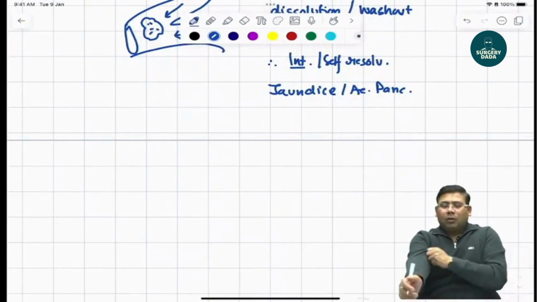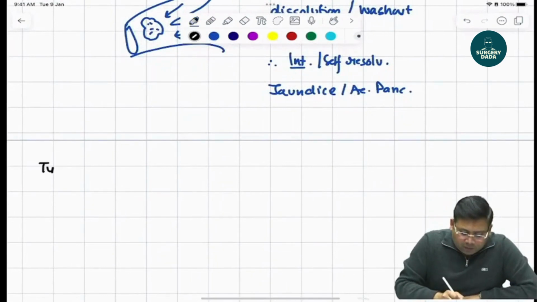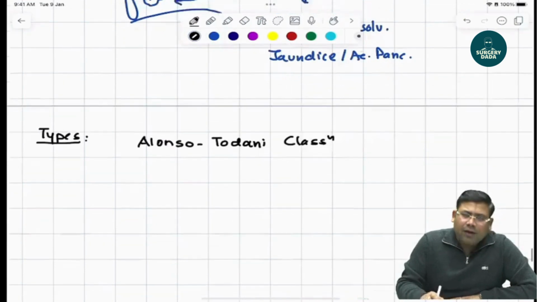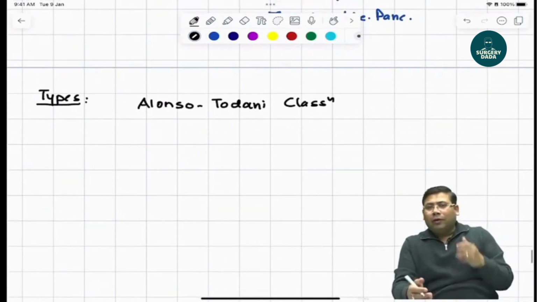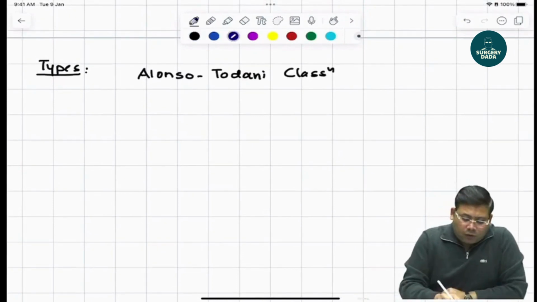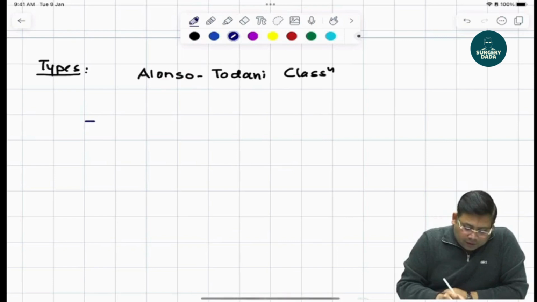When we talk about the types, we have the classical Alonso and Todani classification. So when we talk about Alonso and Todani classification of choledochal cyst, what are the types? We have a total of 5 types of choledochal cyst. So what are the types?